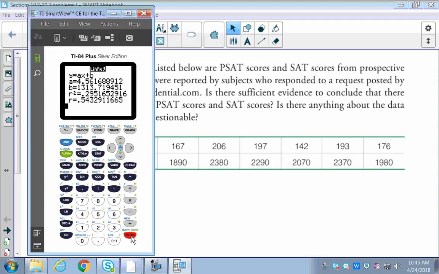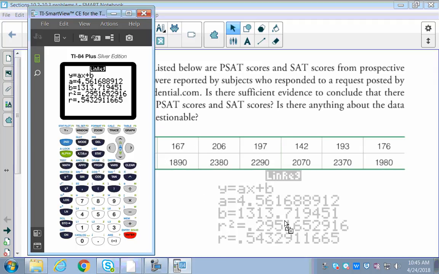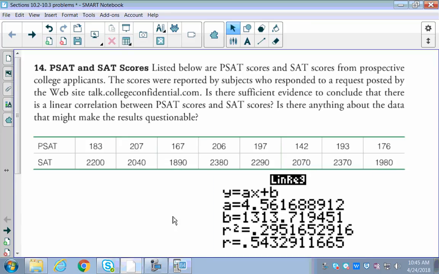So the equation is y is equal to 4.562 plus 1313.719. That's my equation. The R value is 0.543. And I'm going to go to my table.